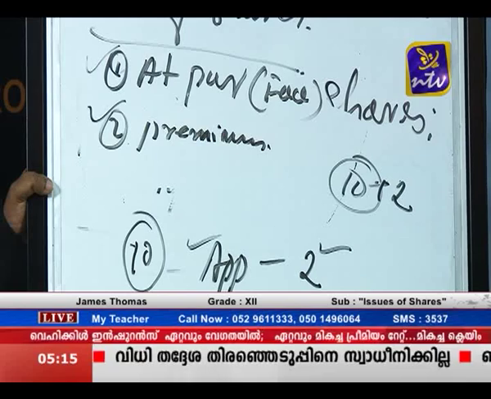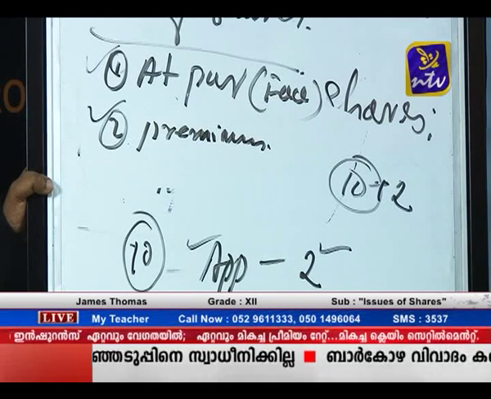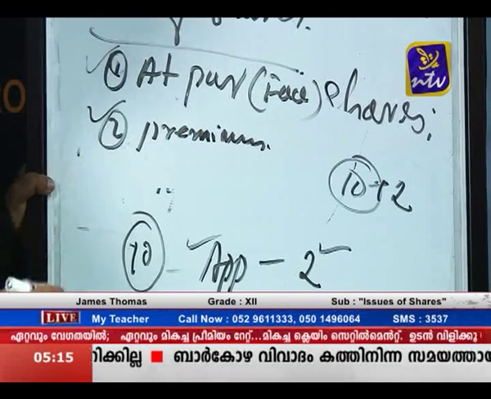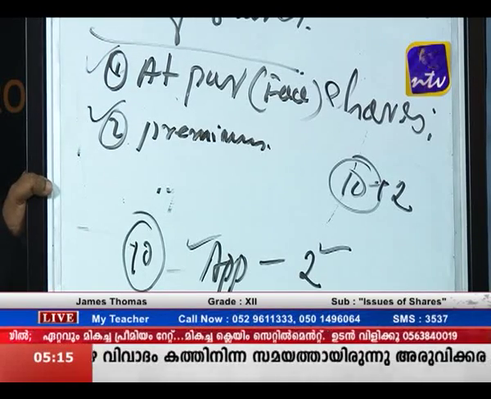If the company is collecting more than the face value from the shareholder, it is known as shares issued at a premium. The third point, shares issued at a discount, is not there now, because as per our new syllabus only 2 methods are there: par value or premium.